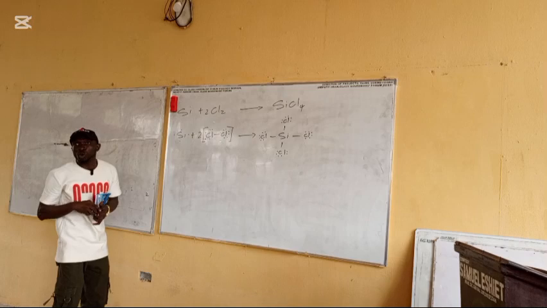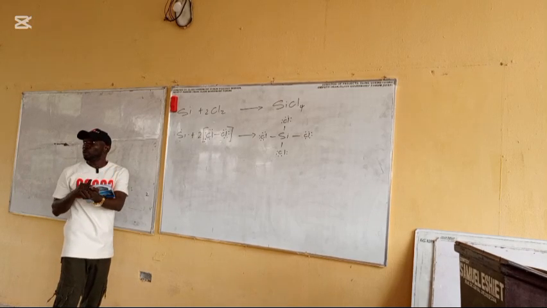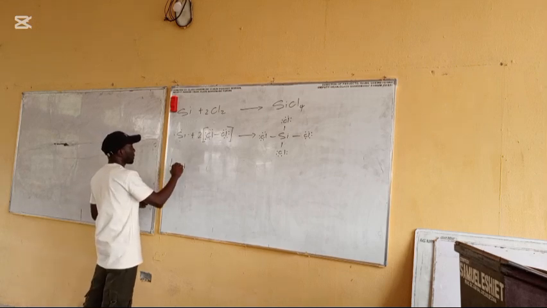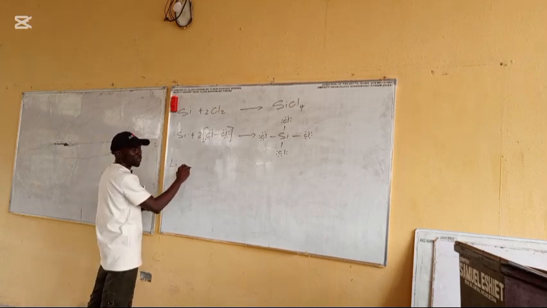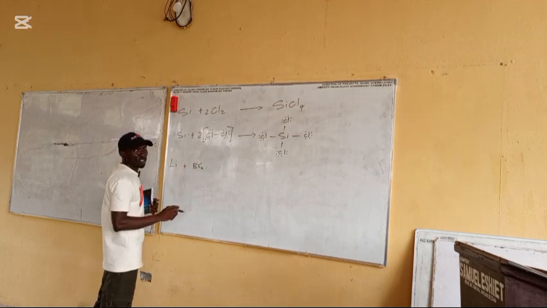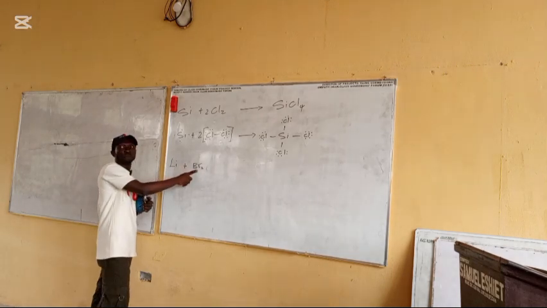So the next equation we have here is the reaction between lithium atoms and bromine molecules. So a bromine molecule looks like this, right?